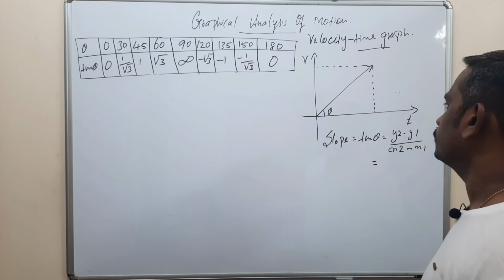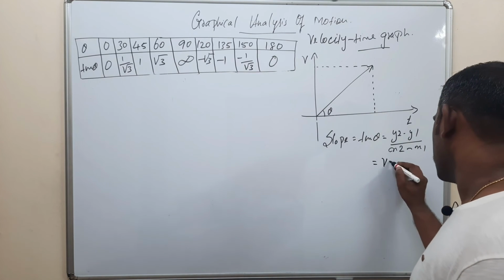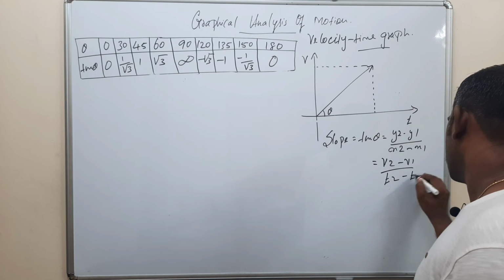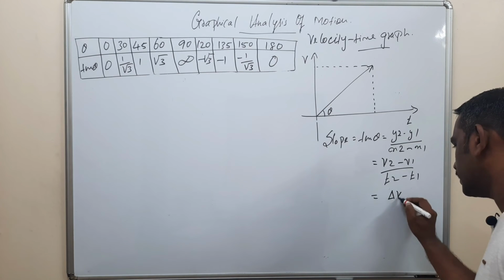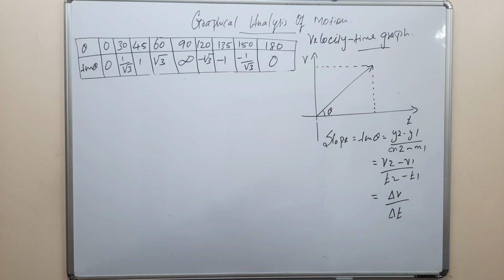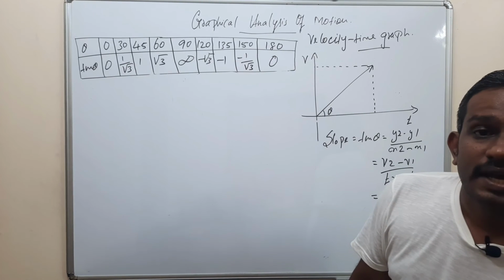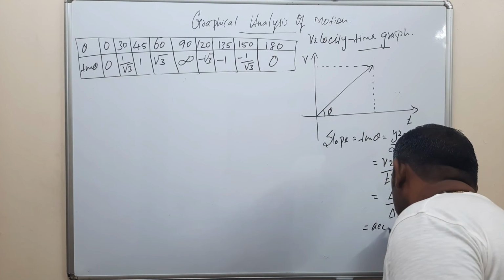In the y-axis that is velocity, v2 minus v1 over t2 minus t1. That is equal to change in velocity, delta v, over change in time, delta t, which is acceleration.